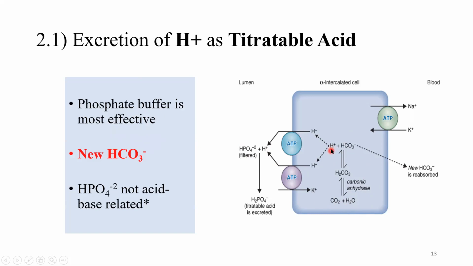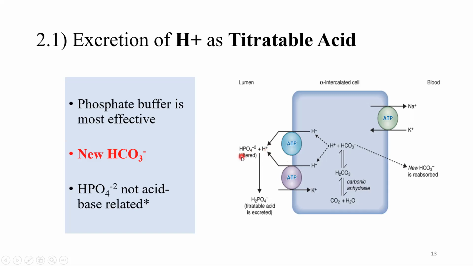It produces hydrogen, which is secreted not just by dedicated ATP hydrogen secretors, but also by the hydrogen potassium antiport mechanism, which I've mentioned in part of potassium homeostasis. The net result is secretion of hydrogen by this cell.